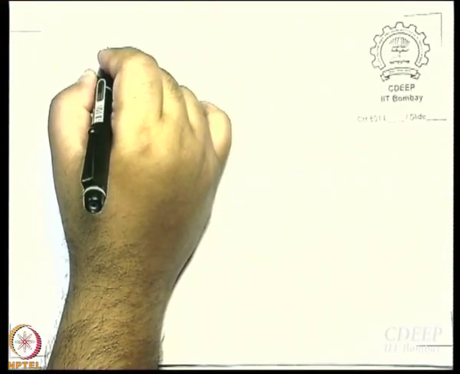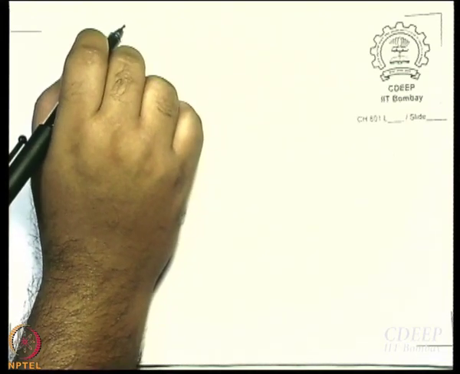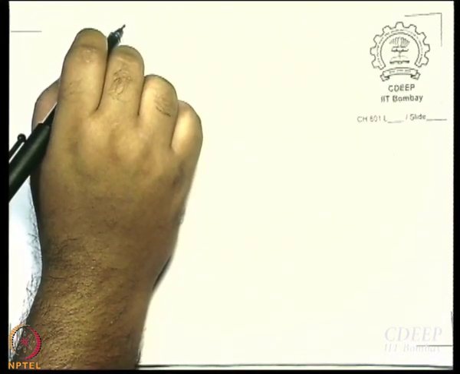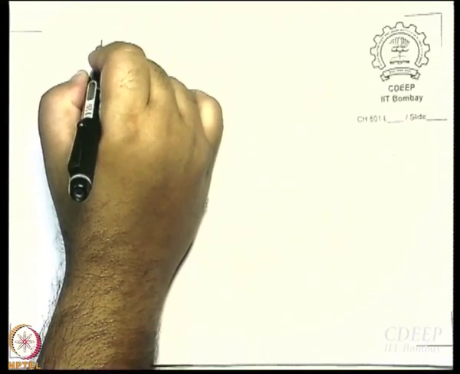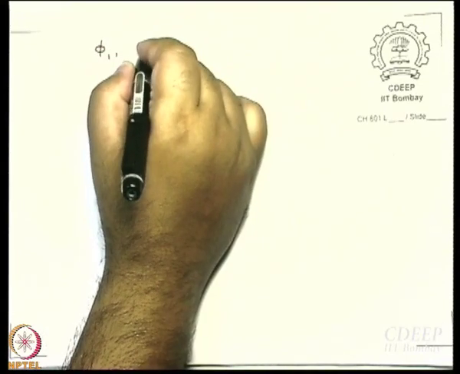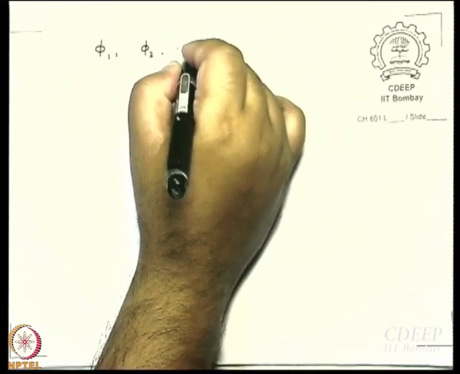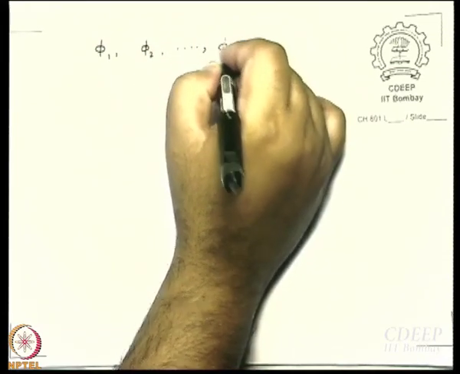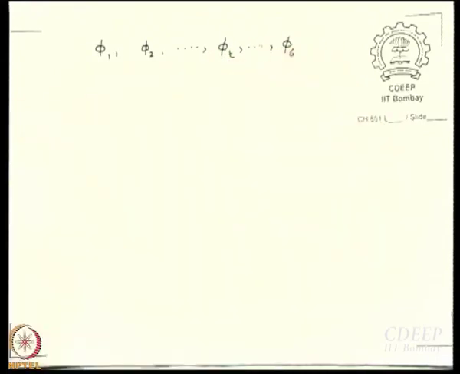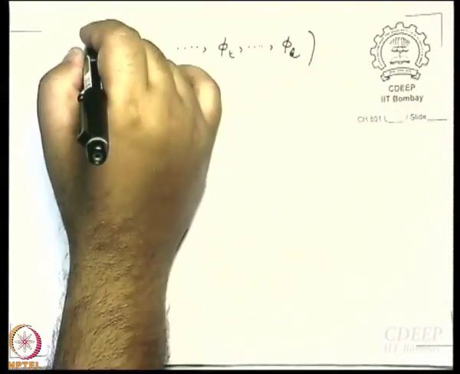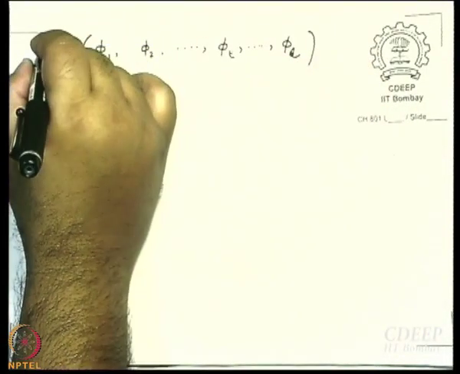Let us consider a set of functions which belong to an L dimensional irreducible representation. So let us say phi 1, phi 2, phi 3, let us put a general identifier phi t, etc., phi L. And we are saying that they jointly form the basis for some irreducible representation.